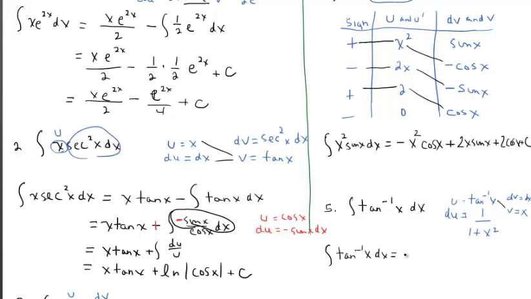Okay, u times v minus v du. Notice what happens in the process of multiplying these two together. We've just created an integrand where I can use u substitution. So think about the denominator being u.